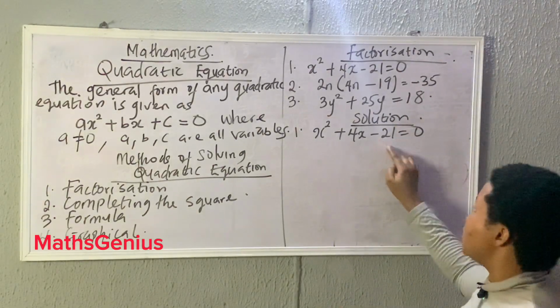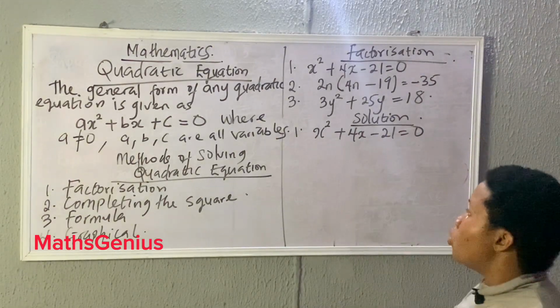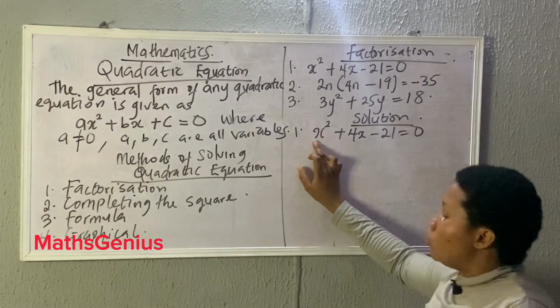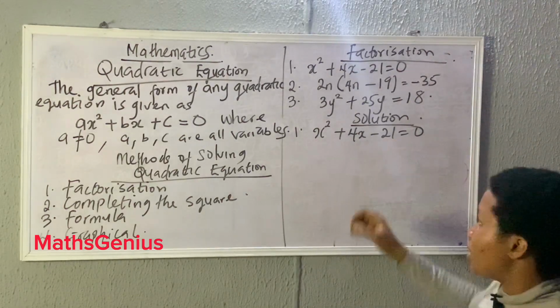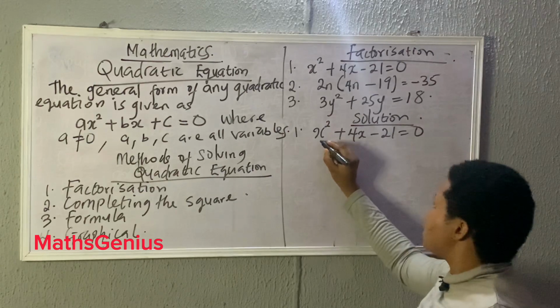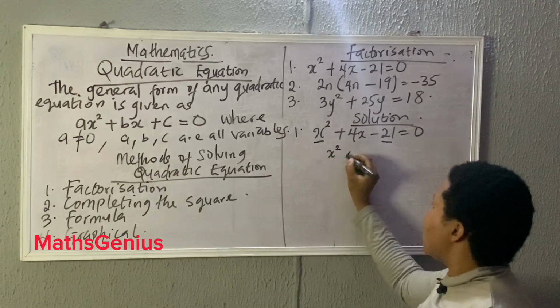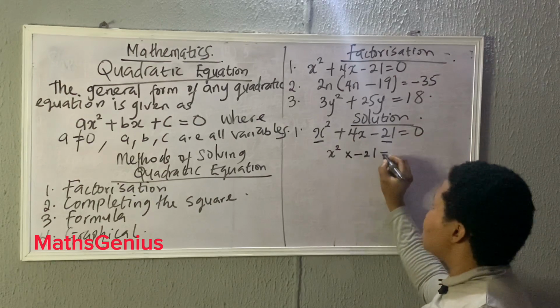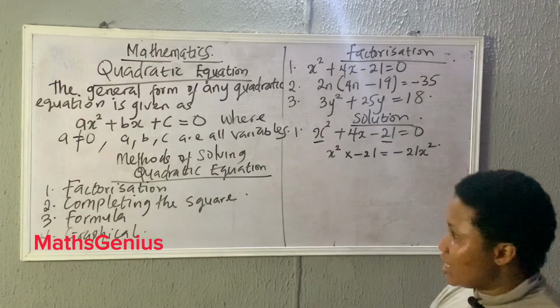So minus 21 here is a constant for this question. We'll multiply the highest power and the constant together. So when we multiply this and this, it's going to give us x squared times minus 21. That will give us minus 21x squared. And that's our first step.